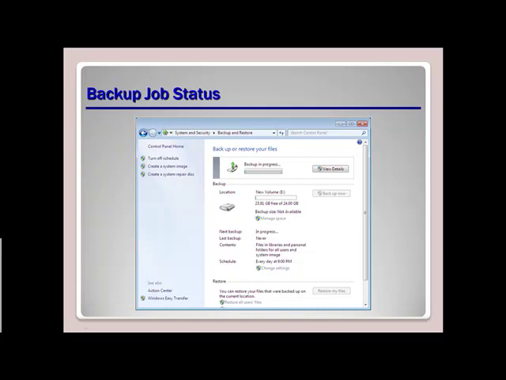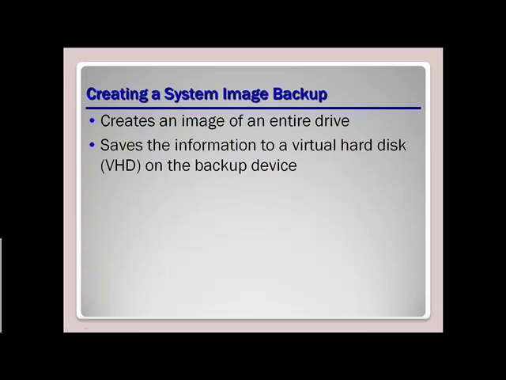Now, creating a system image backup is slightly different. As we've mentioned earlier, you can't use that file and folder backup capability in the backup and restore panel to protect the entire system. Even if you choose to use the custom options, you cannot select operating system files such as those in the Windows folder, for instance.